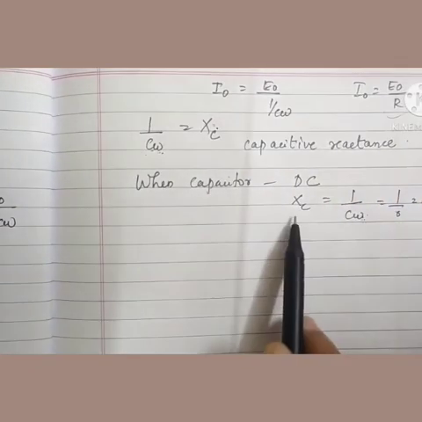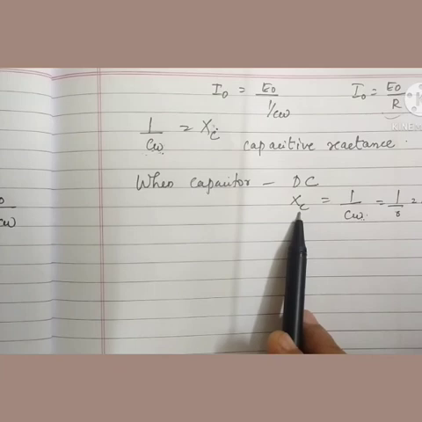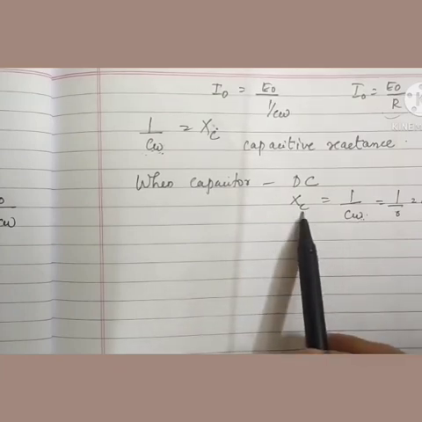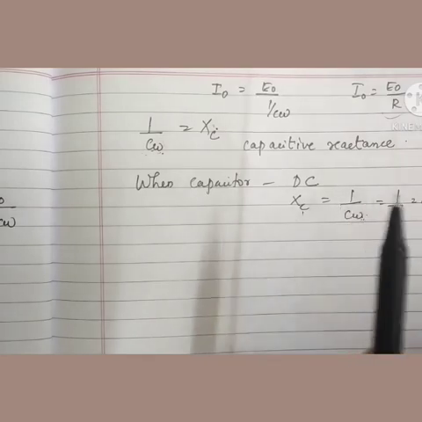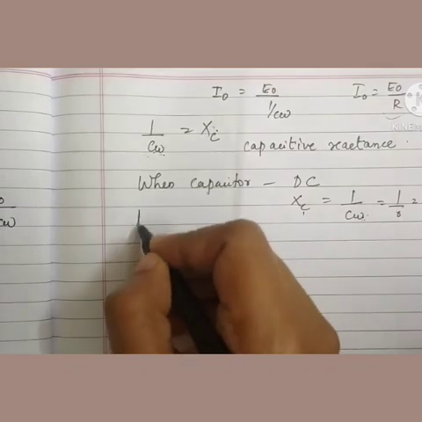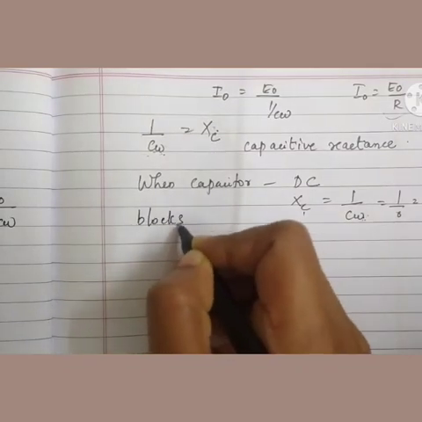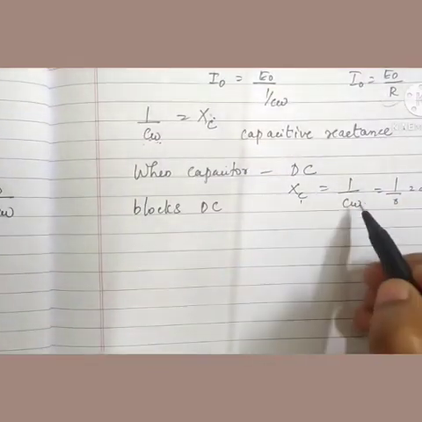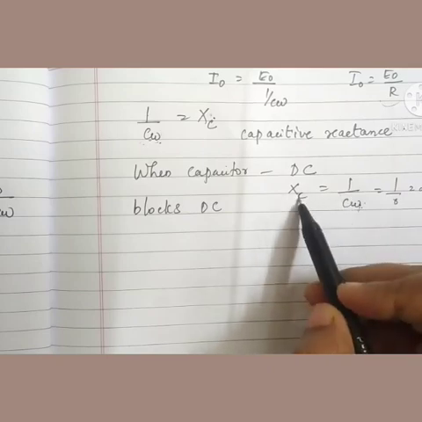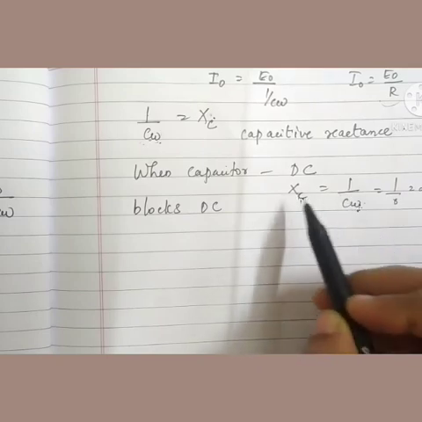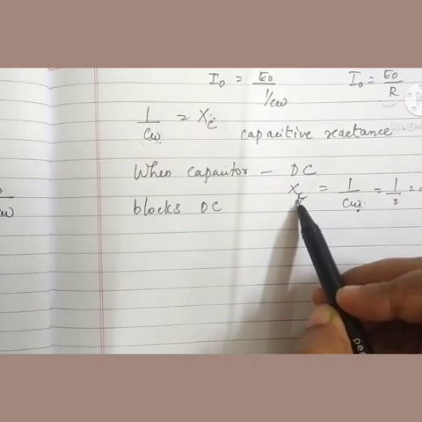Infinite value of capacitive reactance is there. That means that much resistance is provided by the capacitive reactance. So in the case of a capacitor, it actually blocks DC. It won't allow DC to pass through it, but it allows AC to pass through, because for AC there is frequency, and for higher frequency the capacitive reactance will be very small, isn't it? So for high frequency AC, this capacitor allows it to pass through it.